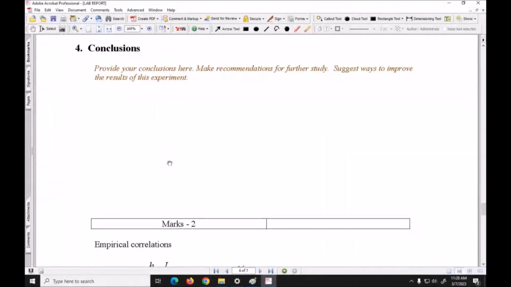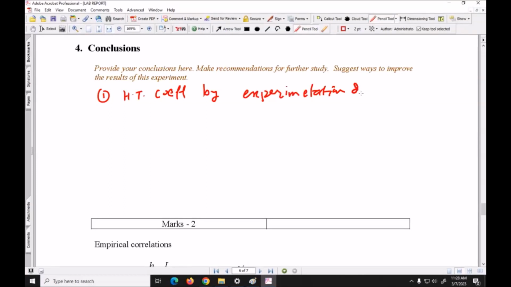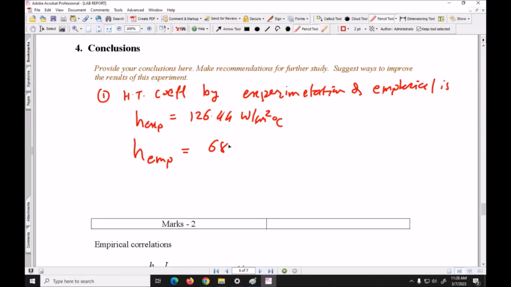Now conclusion number 1, heat transfer coefficient by experimentation and empirical. h experimental is equal to 126.44 watt per meter square degree centigrade or Kelvin, and h empirical is equal to 68.039 watt per meter square degree centigrade.